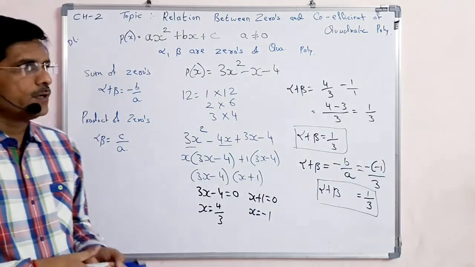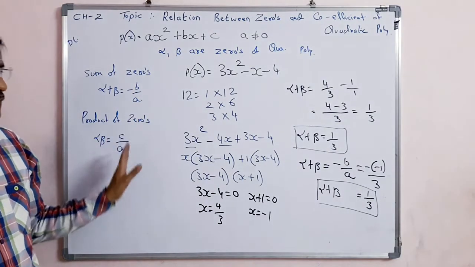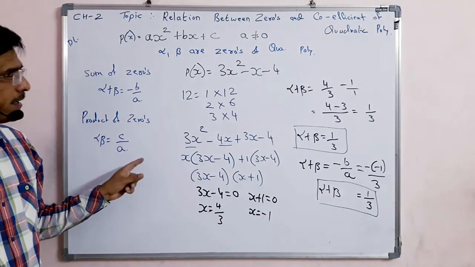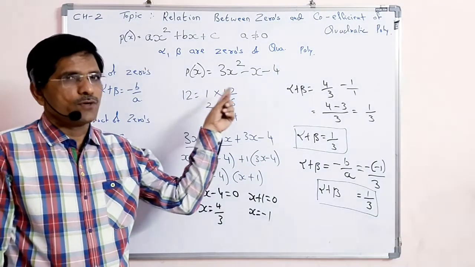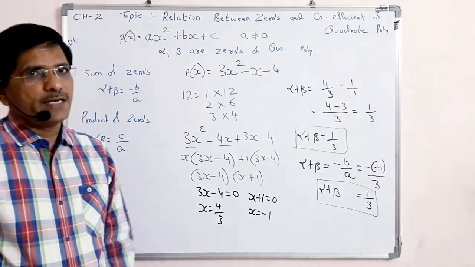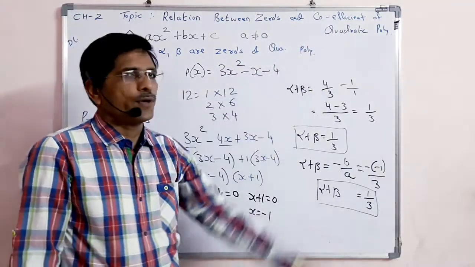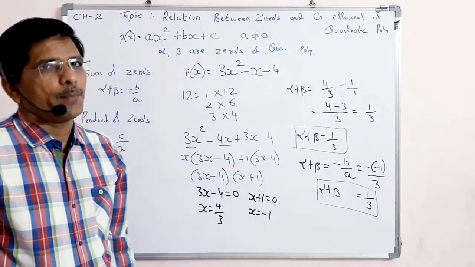Now we have to understand that this is one type of question. The question is like this: find the zeros of the quadratic polynomial and verify the relation between the zeros and the coefficients of the quadratic polynomial.